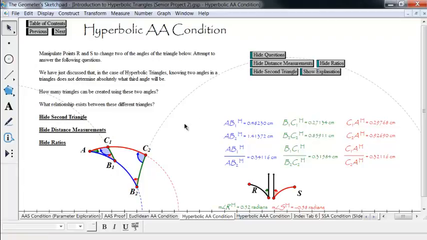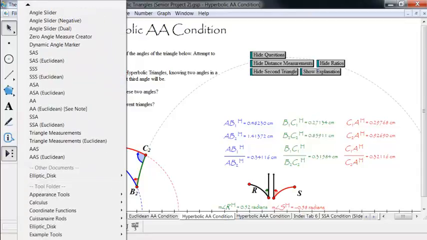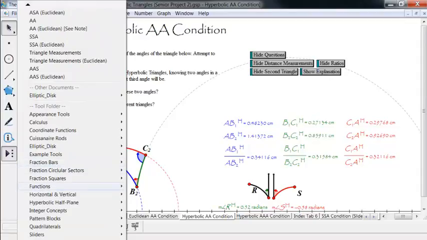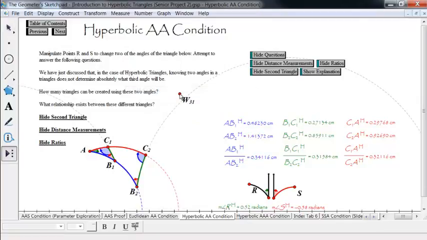So let me measure that other angle as well. Let's see, measure angle. I want to go down here, hyperbolic half-plane tools. I want to measure the angle. Which one do we not have?